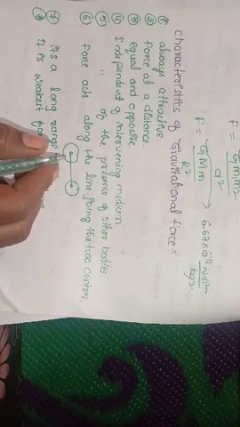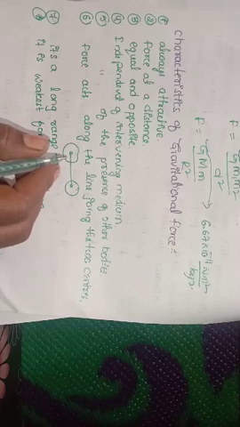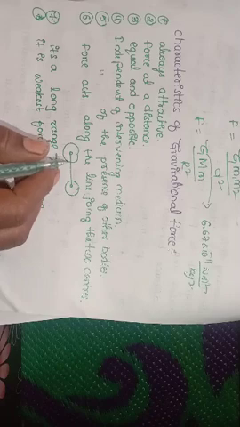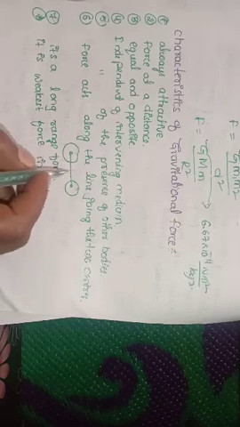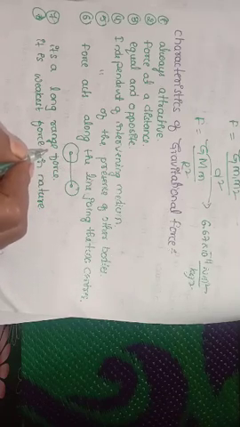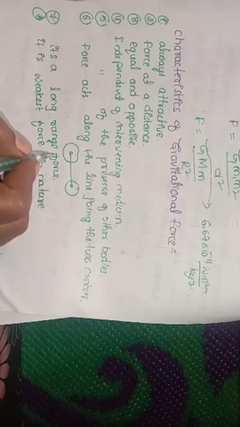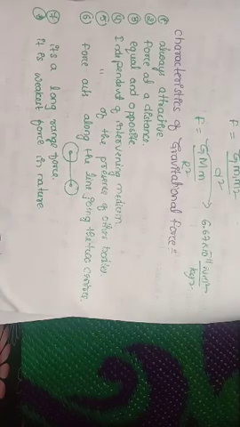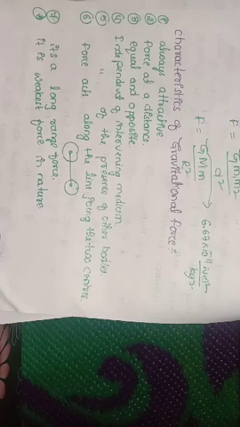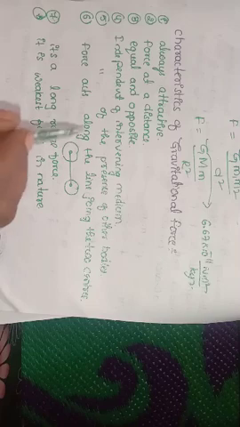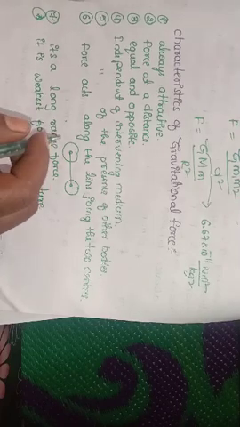It is the weakest force in nature, and everything in this universe is pulling everything else, right? Yes or no? So these are the characteristics of gravitational force. These are also very important, covering when the gravitational force applies and the nature of this force.